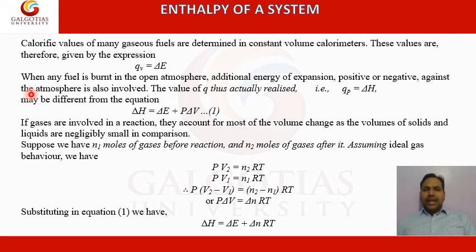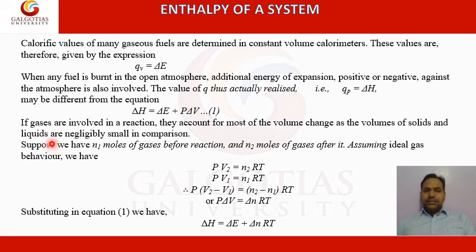When any fuel is burned in the open atmosphere, the additional energy of expansion, positive or negative, against the atmosphere is also involved. So the value of Q actually obtained, that is QP, is equal to delta H, which may be written in a different form of equation: delta H is equal to delta E plus P delta V.